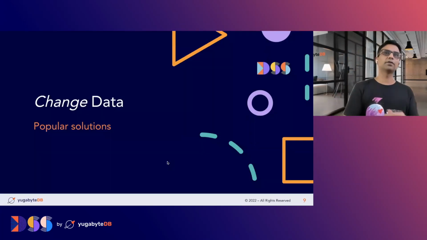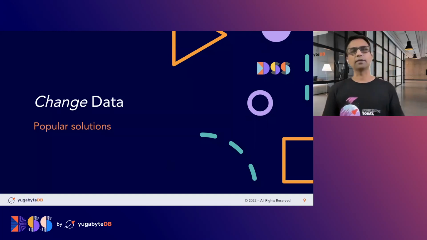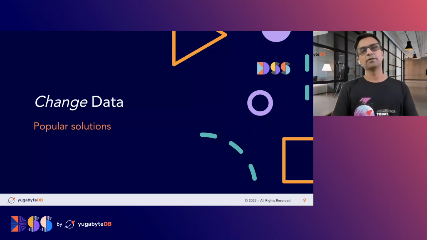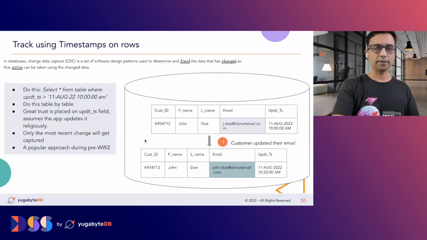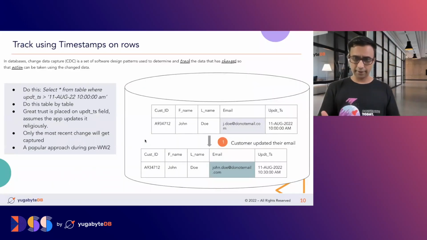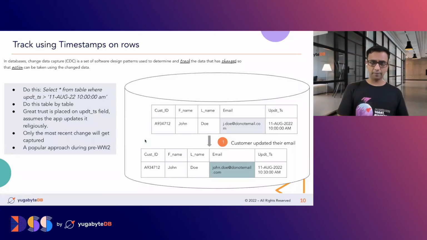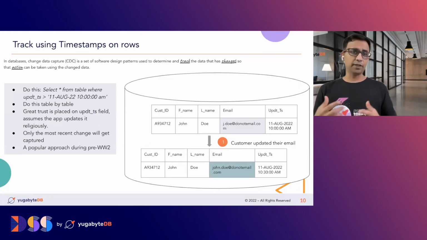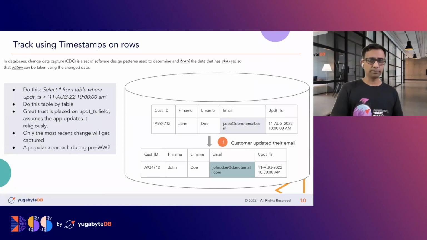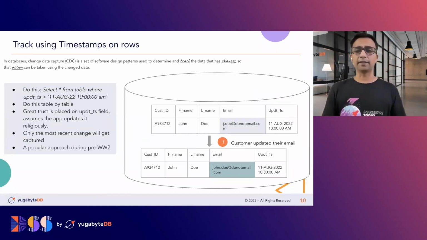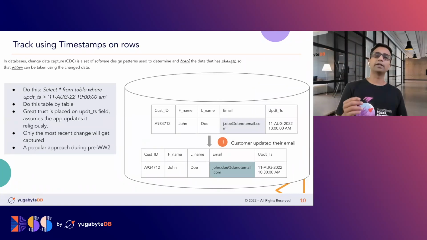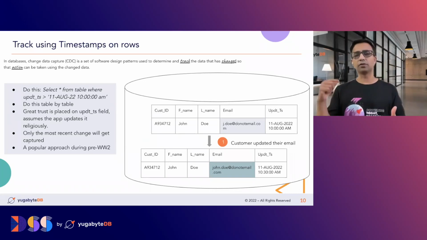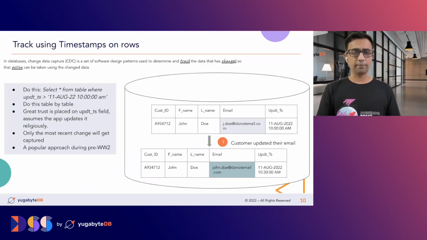Now, this is not new. It has been around for several years, decades. People have been handling change data. So what were some of the popular solutions? One, as you can see in this example, I kept a column there called update timestamp. So you can track using timestamps on rows. This assumes that the table was designed right and the app knows that every time something changes in that record, it is going to update the update timestamp field.